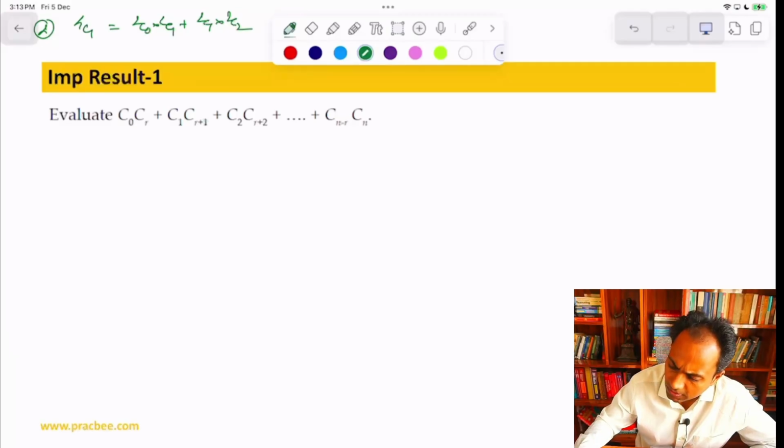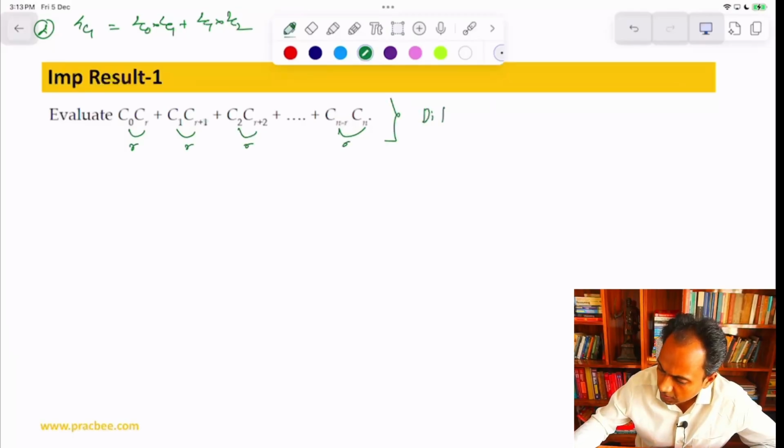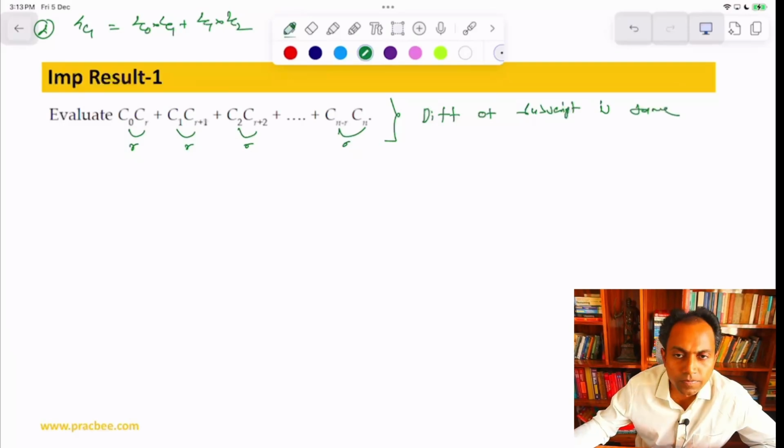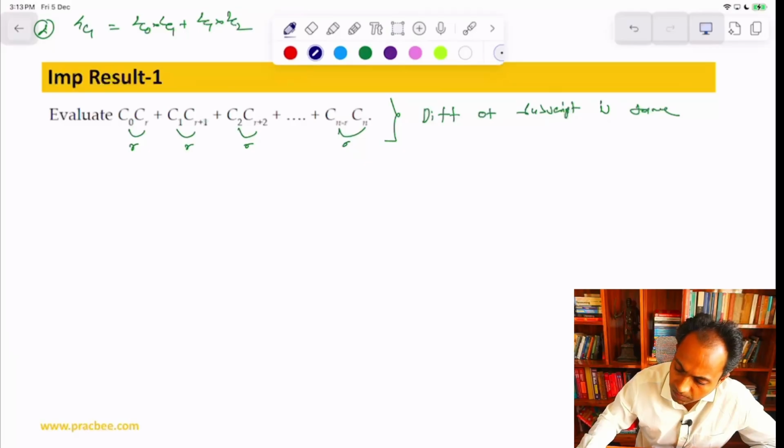So what we are doing is, here a very important thing to notice is, if you look into the difference of the subscript that is written, it is same. In all the cases, it is equal to r. So here, difference of subscript is same. This is very important to understand. Why? Because now understand there is going to be a simple process.